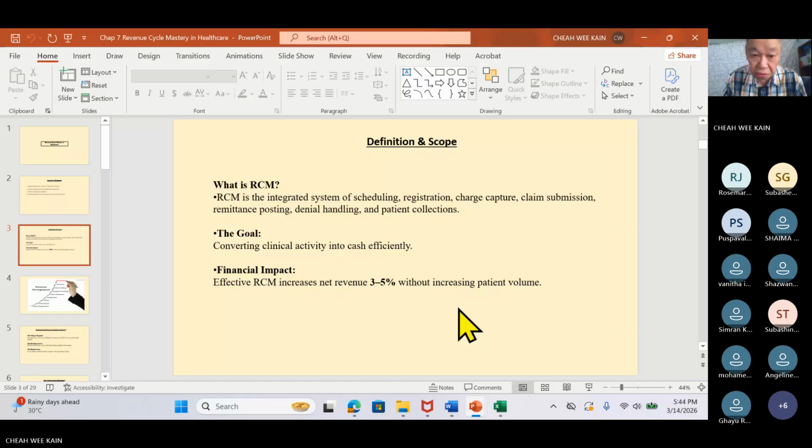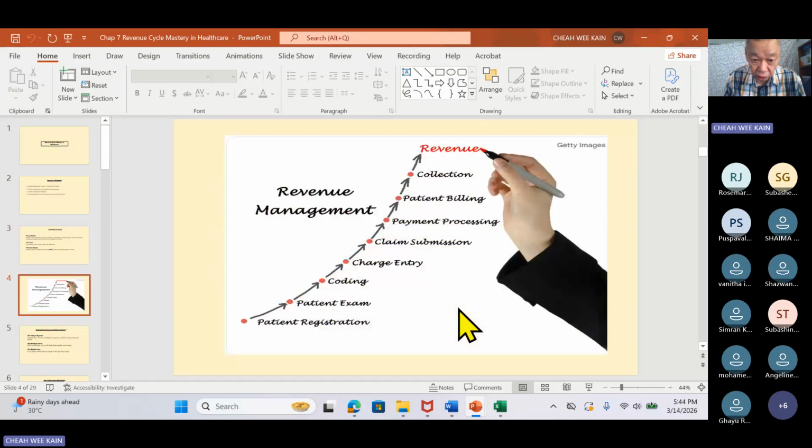So registration, patient examination, coding, charge entry, claim submission, payment processing, chase the money, patient billing. If they're paying cash, collect all the money, then that is your revenue. That's about it. No big deal.